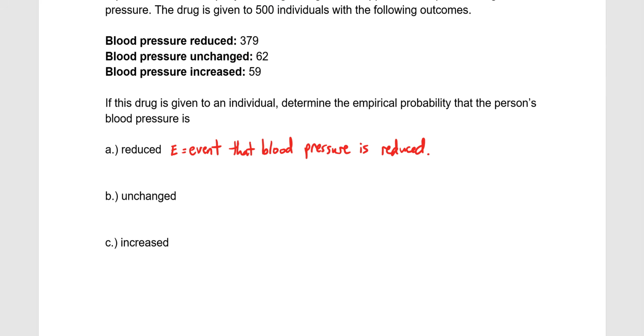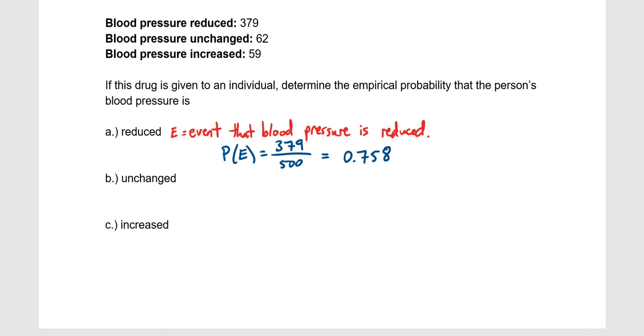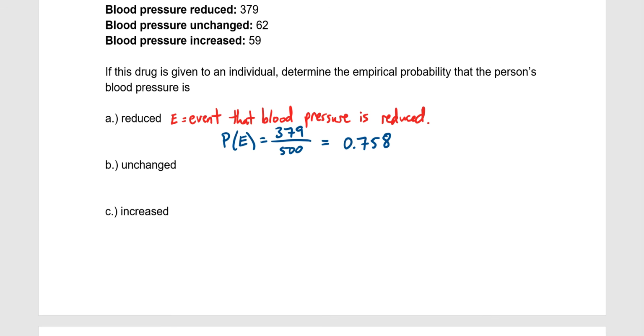Let's say once again that event E is that their blood pressure is reduced. So now we can write it as the probability of event E is 379 over 500. Once again, we can write it as a decimal. You can just divide those two numbers and get 0.758.